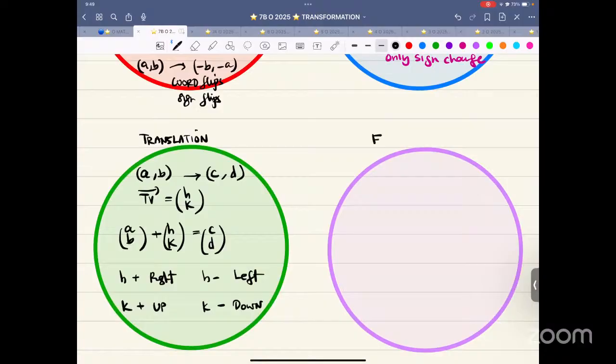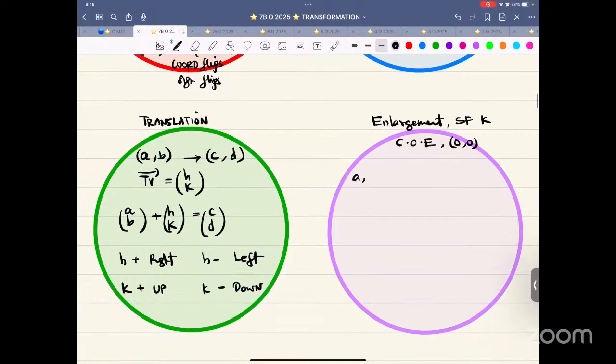And then we can talk about enlargement. Enlargement with scale factor k, and center of enlargement at the origin, that is (0, 0). So a point such as (a, b) will become (ka, kb).